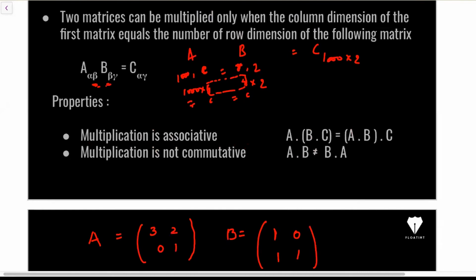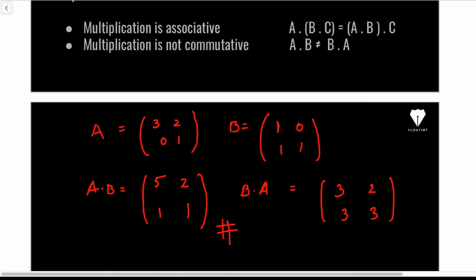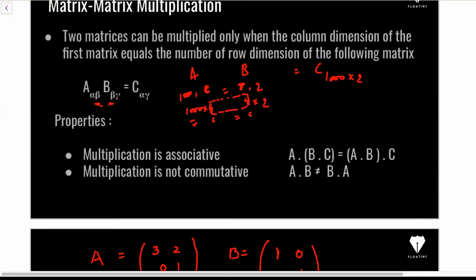Before that, I'll talk about two properties. Matrix multiplication is associative. Let me just check one chat I'm getting. Okay, I'll explain multiplication, don't worry. In the next example I'll take, it will be more clear. So the next property is that matrix multiplication is associative.